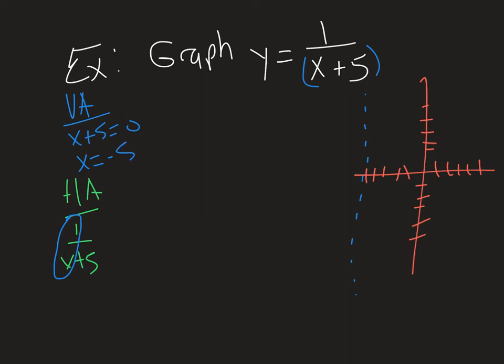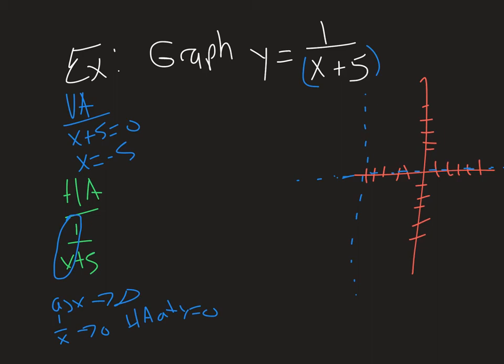Now we know that as x increases, as it goes to infinity, that means that 1 over x goes to 0, which tells me I have a horizontal asymptote at y equals 0. Which means the axis line is my asymptote in this case again.